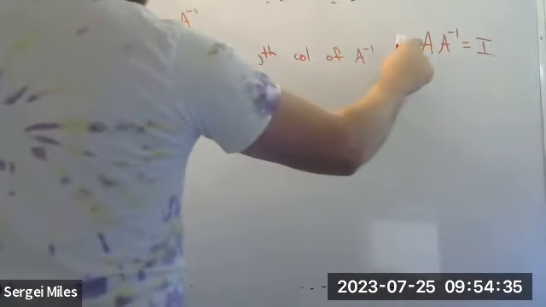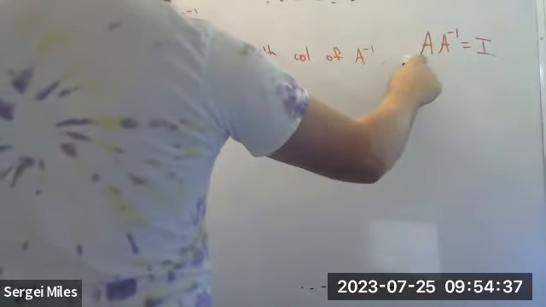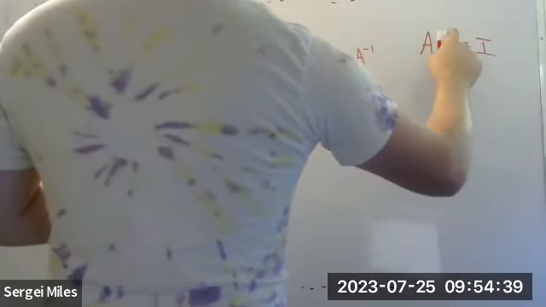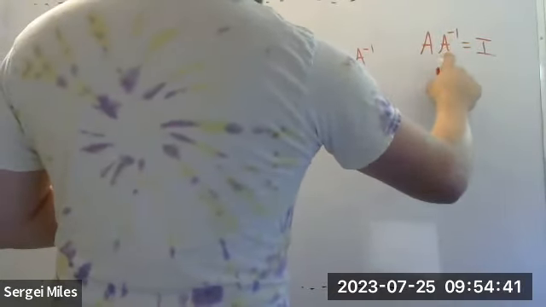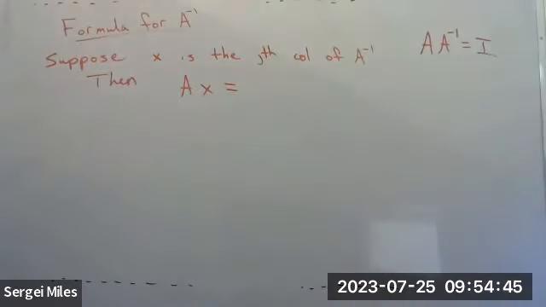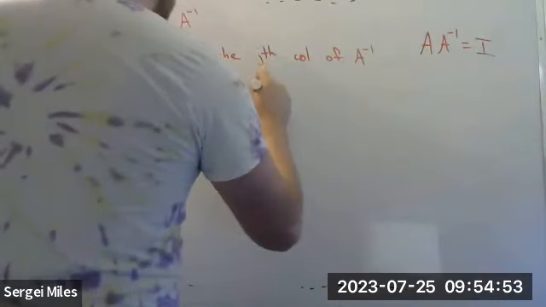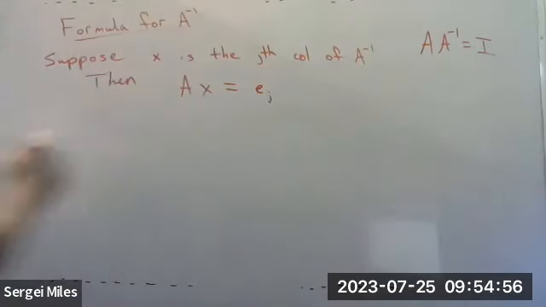In other words, A times the jth column of A inverse is going to fill in the jth column of the identity matrix. So because X is the jth column of A inverse, A times X is the jth column of the identity.